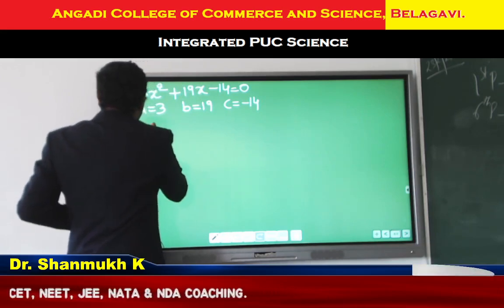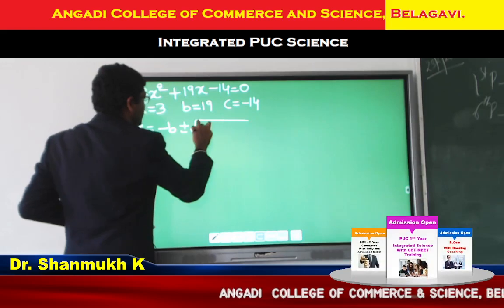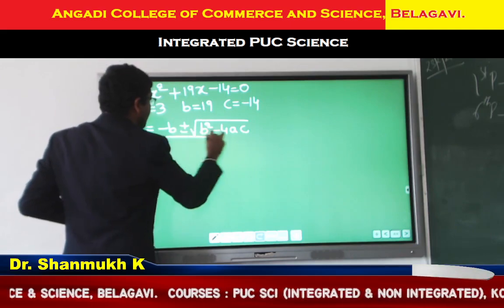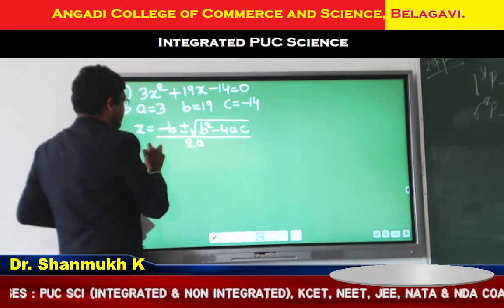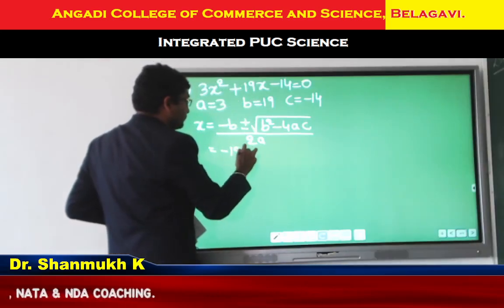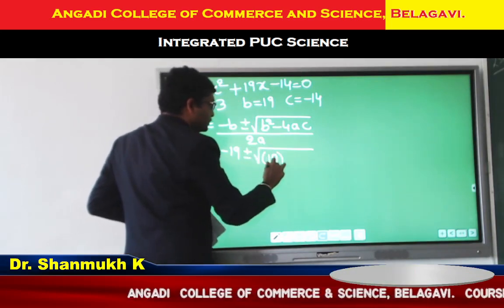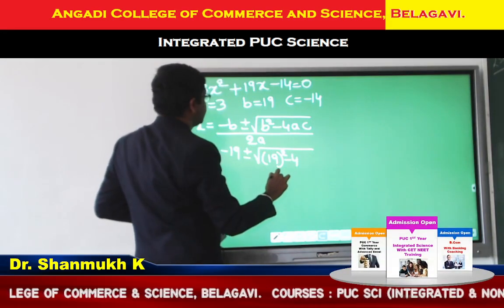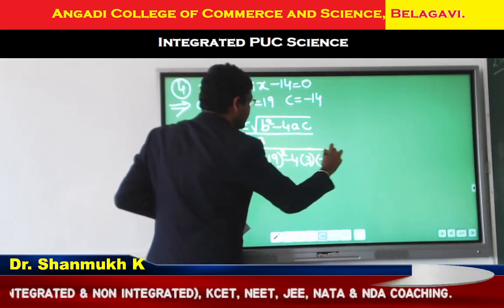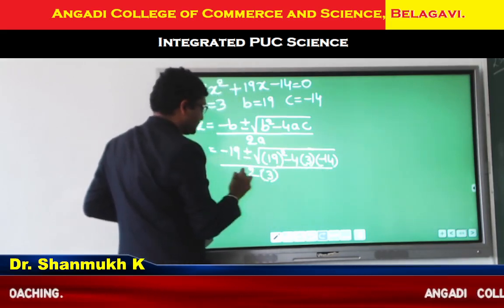So write the quadratic formula: x equal to minus b plus or minus under the square root of b square minus 4ac divided by 2a. This is equal to minus b, that is minus 19, plus or minus under the square root of b square, 19 square, minus 4 into ac, a is 3, c is minus 14, divided by 2 into a, that is 2 into 3.